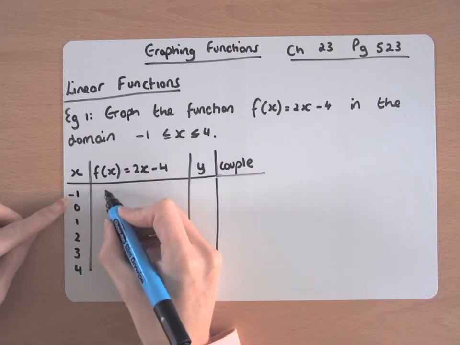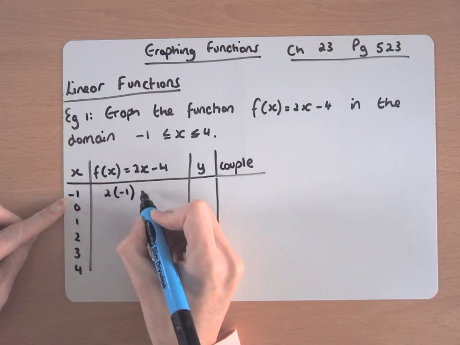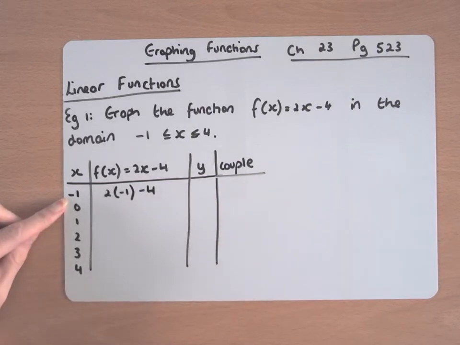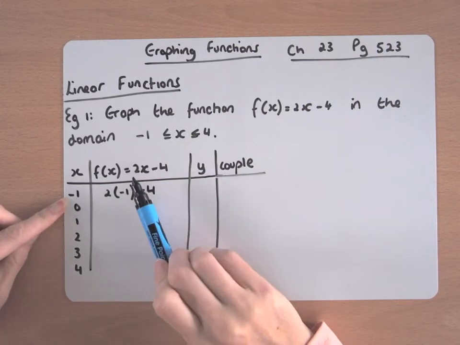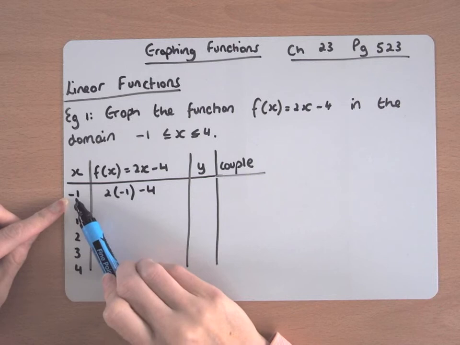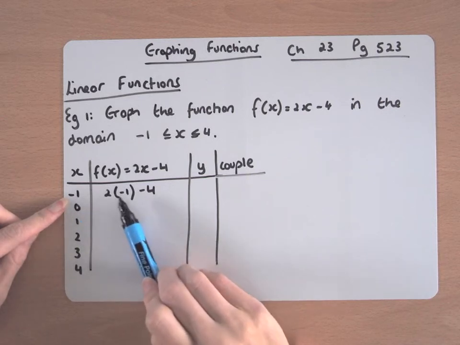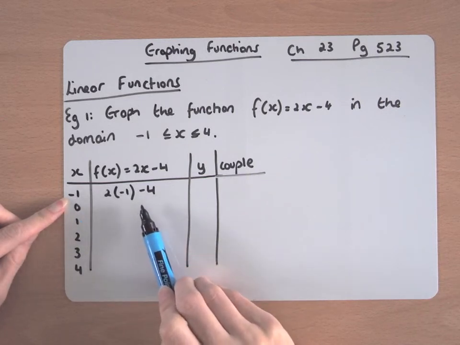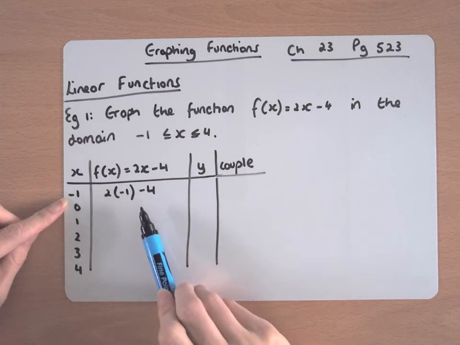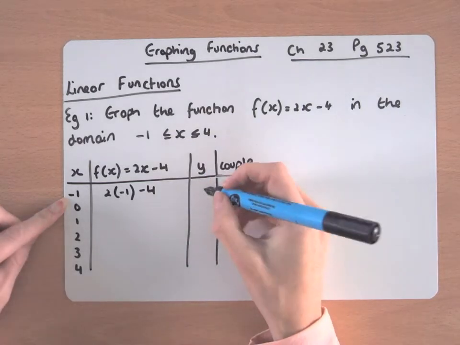Yeah, 2 times minus 1 minus 4, because my function is 2x. In this case, my x is minus 1. So 2 times minus 1 minus 4. So that's minus 2 minus 4, which is minus 6.